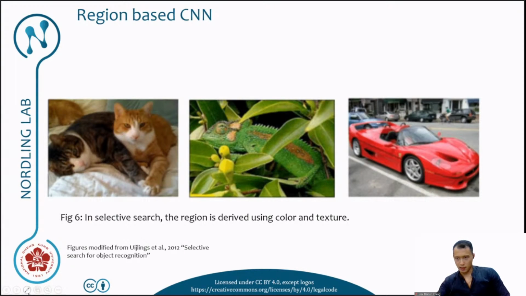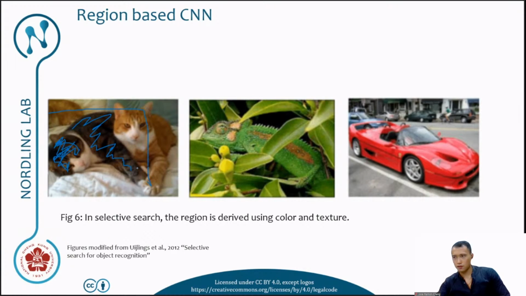Okay, let me draw this. This cat will be like all of this, right? All of these things that are black will be a single region, and then the region proposal will be something like this, right?